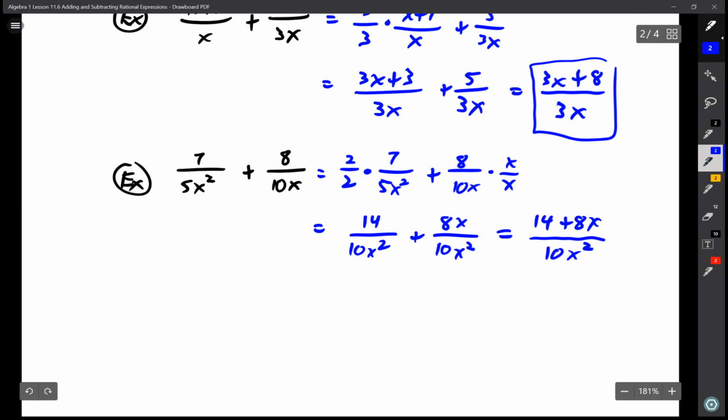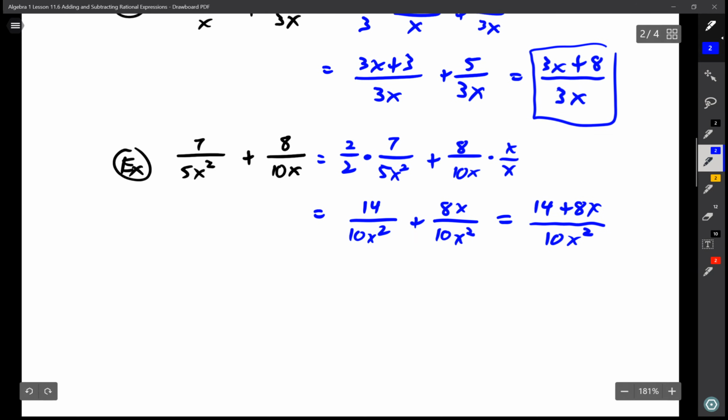All of the coefficients are even numbers, so I can factor a 2 out. So that's going to give me 2 times 7 plus 4x over 2 times 5x squared, and that 2 cancels.